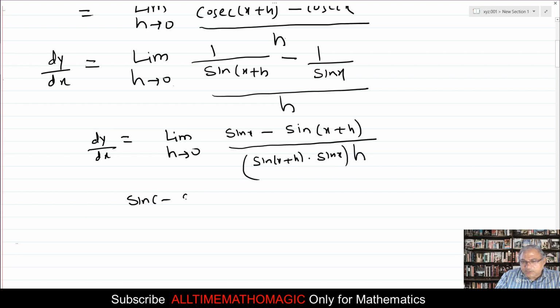Now sin c minus sin d equals 2 cos of c plus d by 2 and sin of c minus d by 2.